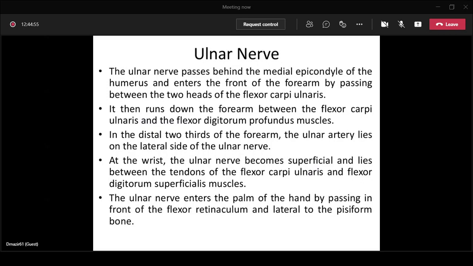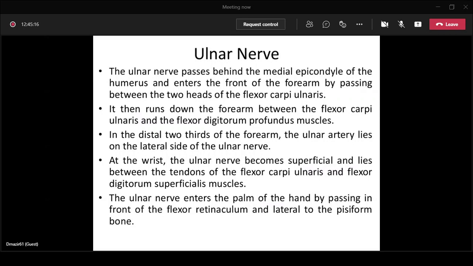The ulnar artery lies on the lateral side of the ulnar nerve. At the wrist, the ulnar nerve becomes superficial and lies between the tendons of flexor carpi ulnaris and flexor digitorum superficialis. The ulnar nerve enters the palm of the hand by passing superficial to the flexor retinaculum.